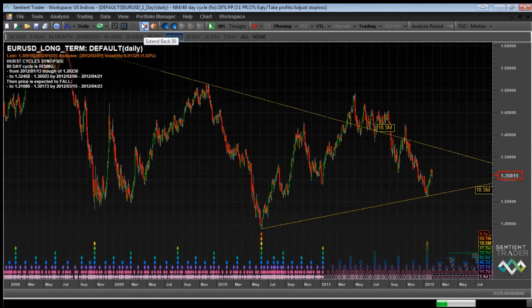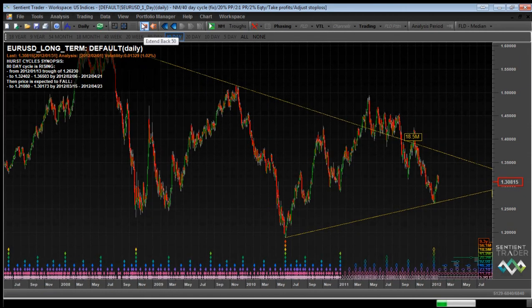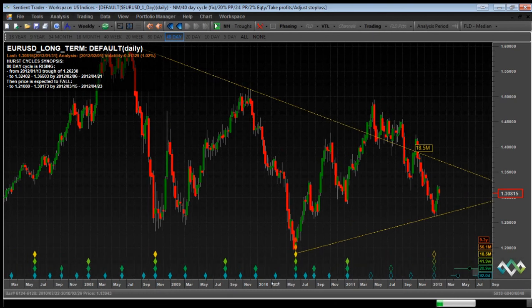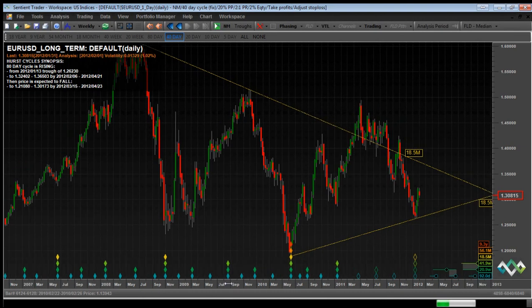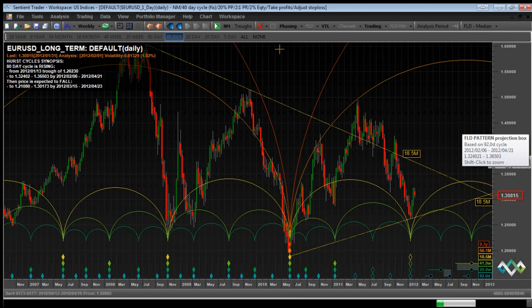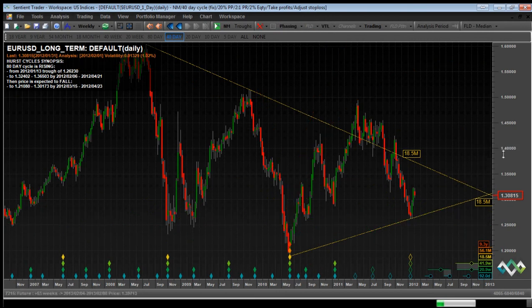And finally, let's look at the 18-month VTL. There's a little interesting discussion to be had about the 18-month VTL. Here we go. Let's look at it on a weekly scale, and let's zoom out a little bit.